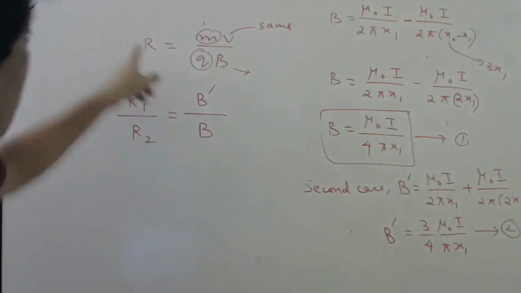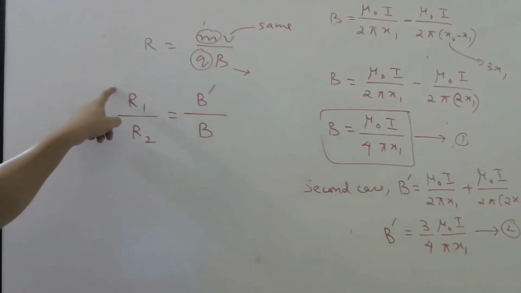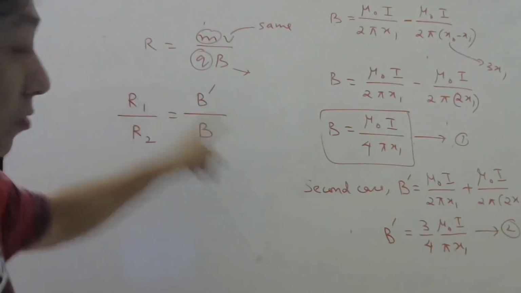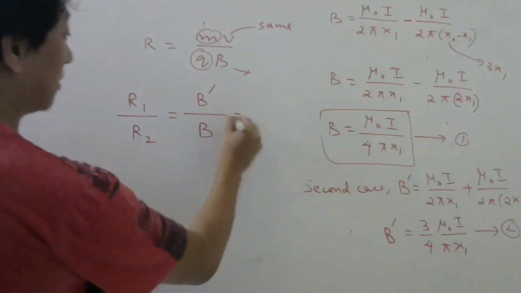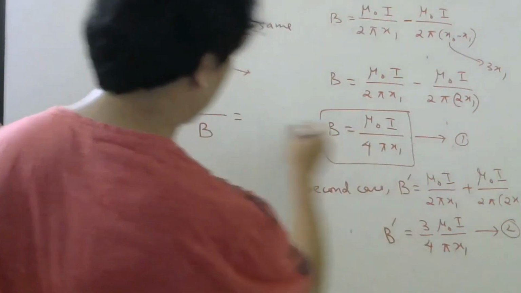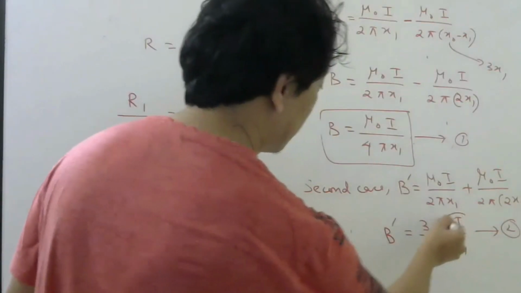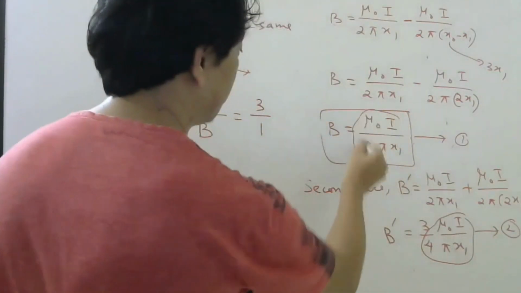If you calculate, everything else cancels, so this will be 3 by 1.